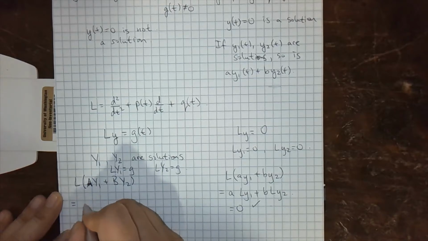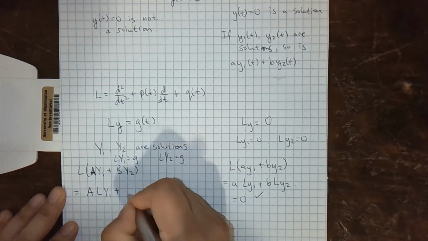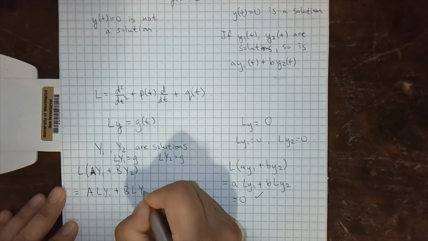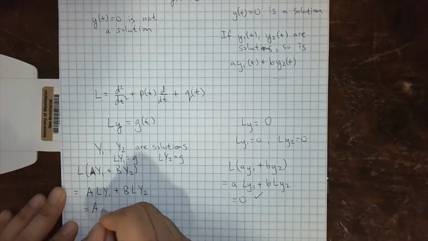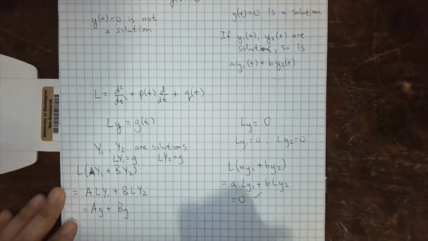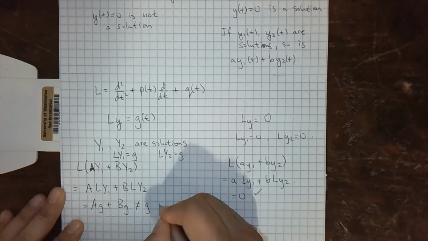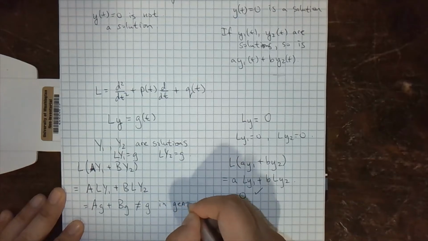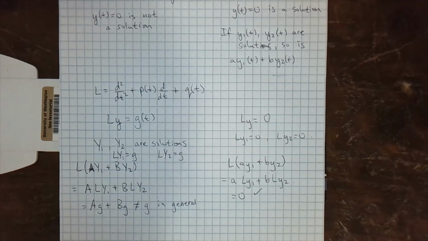So then we can do the same thing. Everything's linear still, because we have the same linear operator. But now L of Y1 is g, so we get A g plus B g, and L of Y2 is also g. And in general, this is not equal to g. It could be for very specific values of A and B. Basically, if A and B add to 1. Okay, so this property doesn't apply.